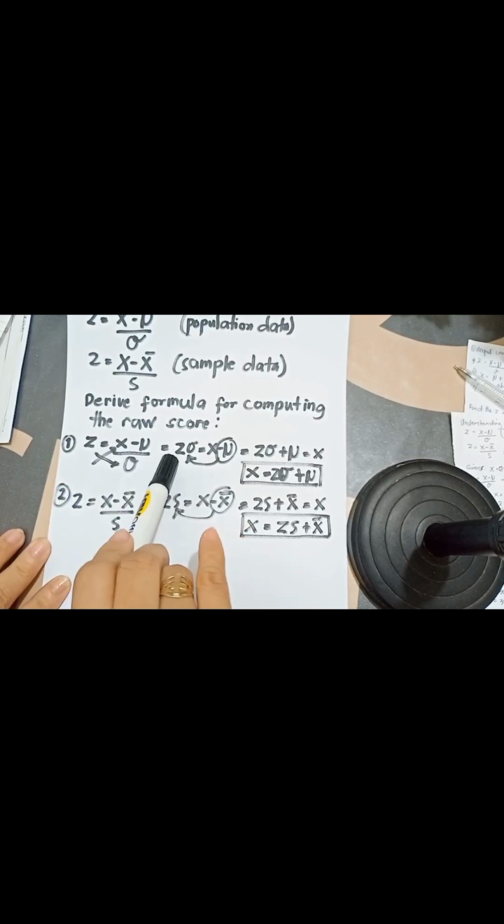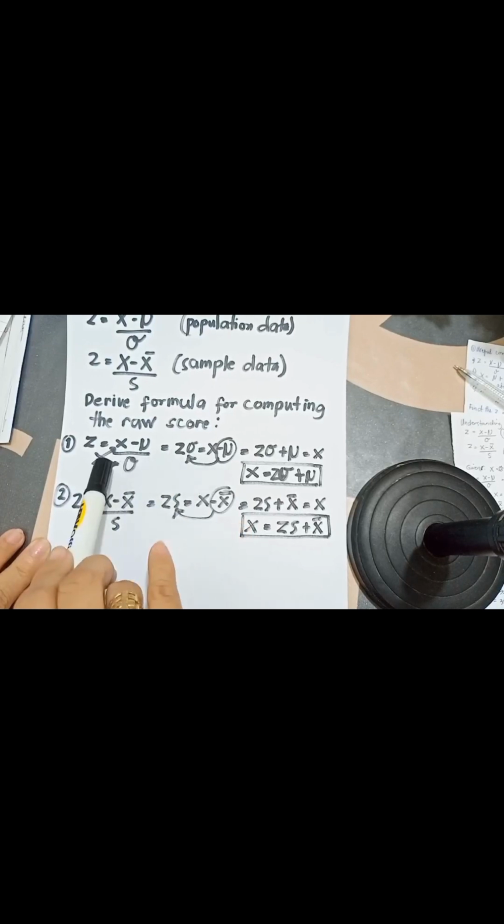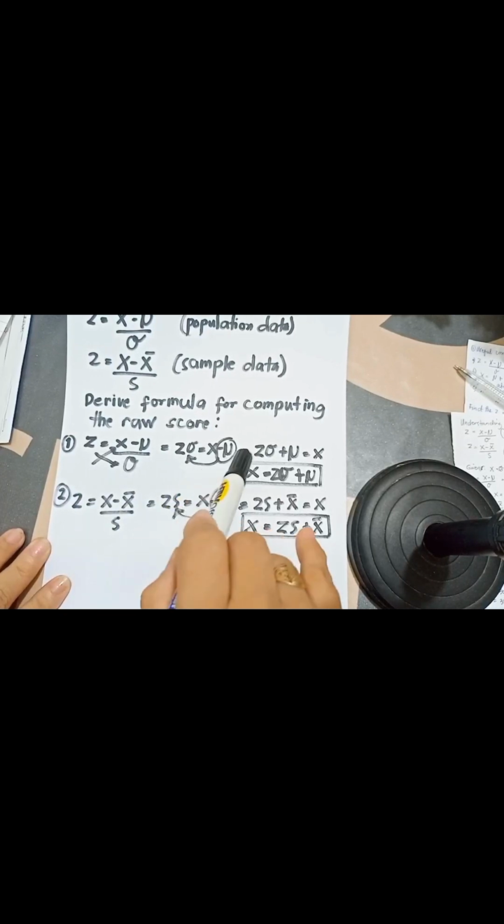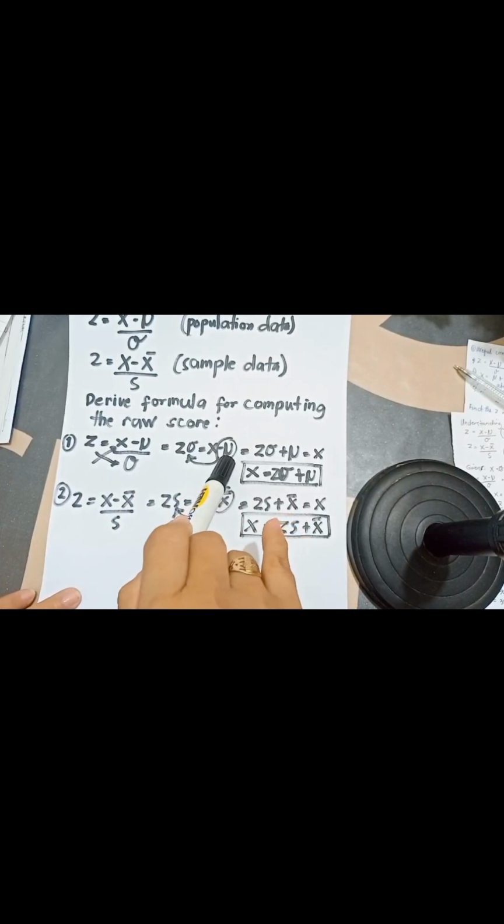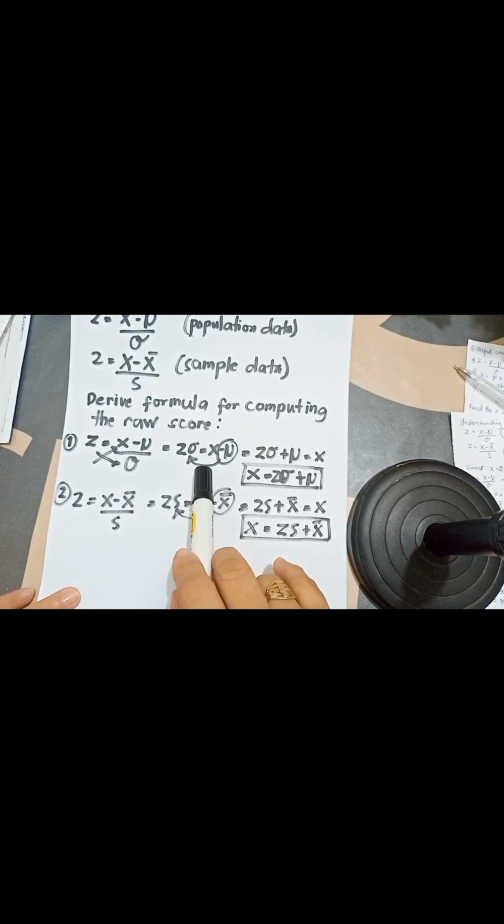In this case, we have z times standard deviation is equal to x minus mu. Since we are going to find the value of x, or the raw score, we are going to transpose this negative mu to the left side.